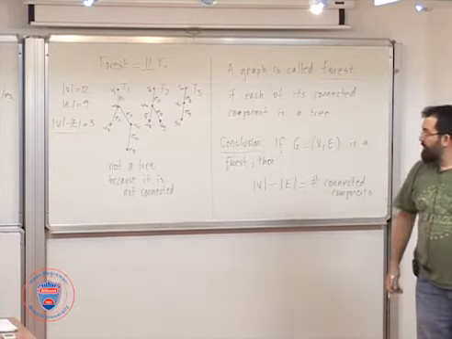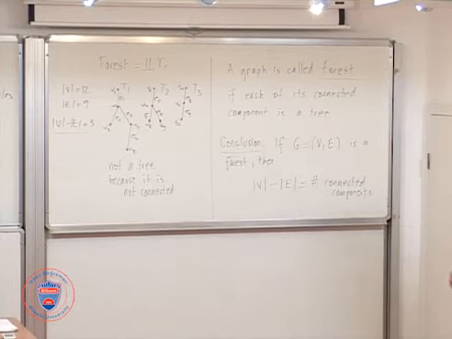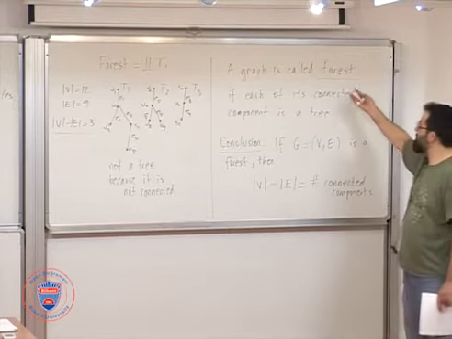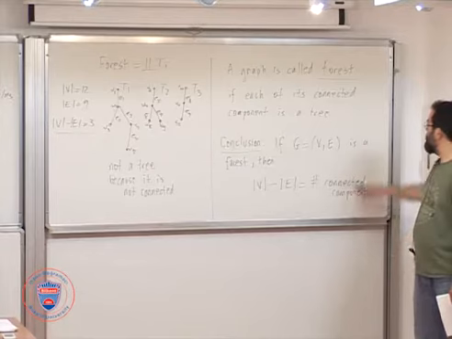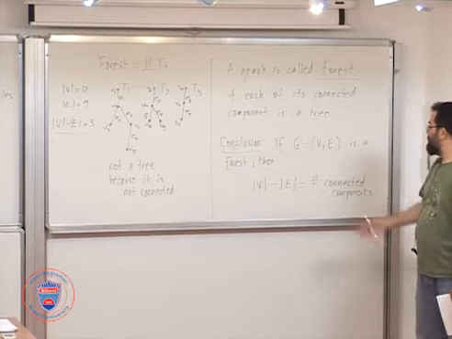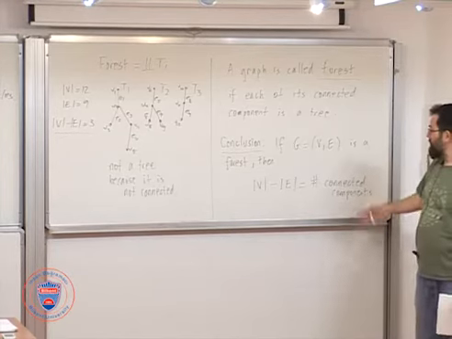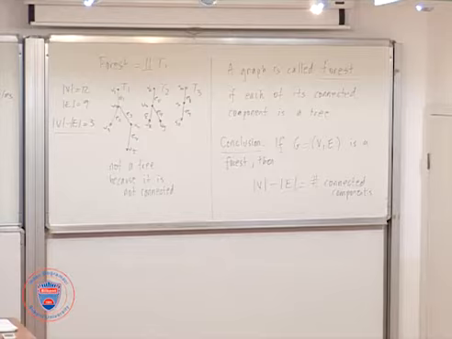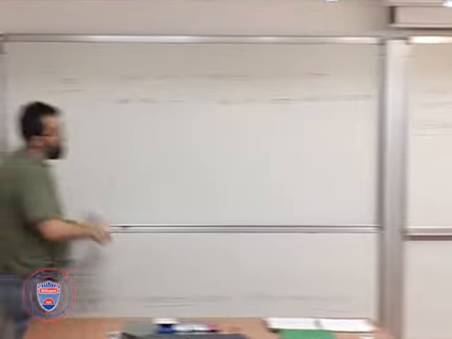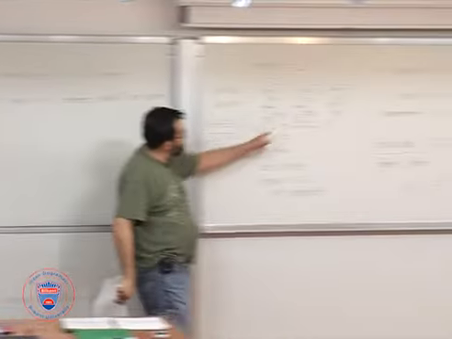Okay. So you can see, whenever you have a forest, which means it's a graph with no cycles, you can say that its vertices minus number of edges counts the number of components, which is a very nice, effective way of dealing with things. It comes from this, of course, because on each component, the difference is 1.